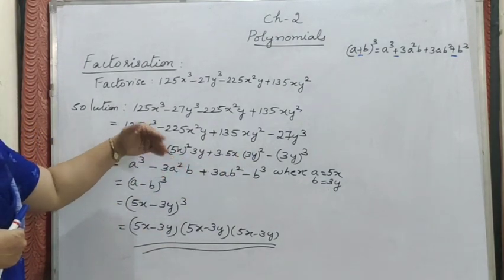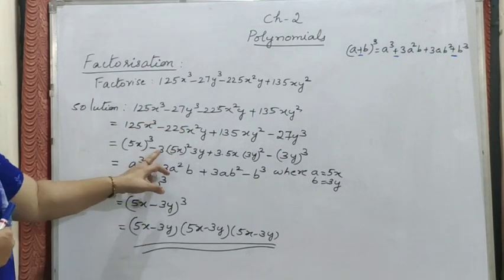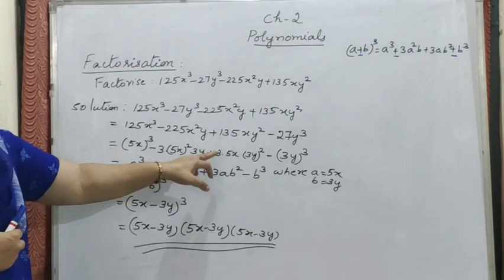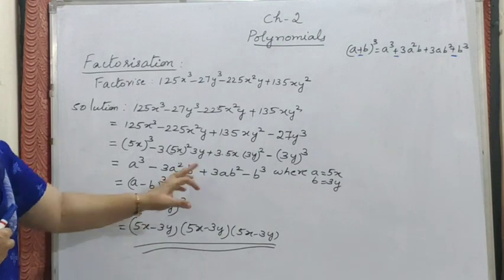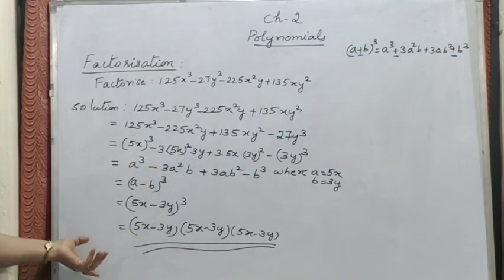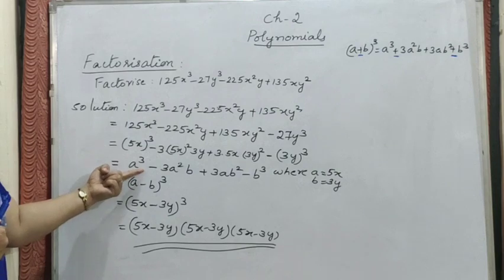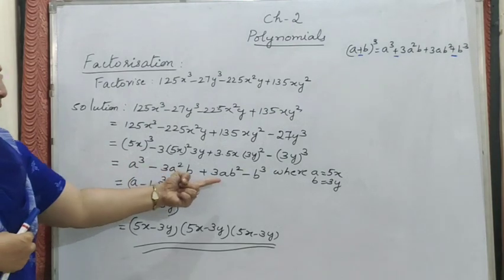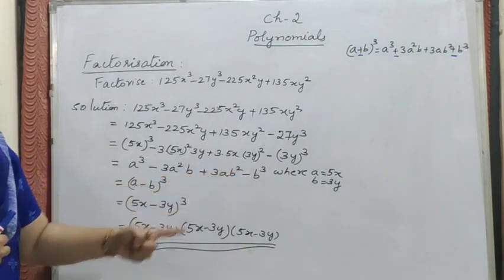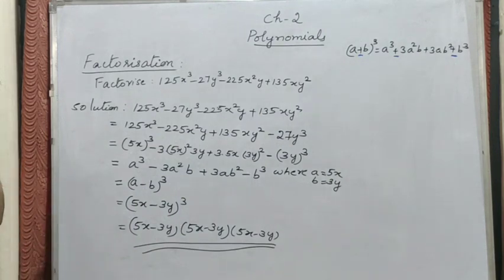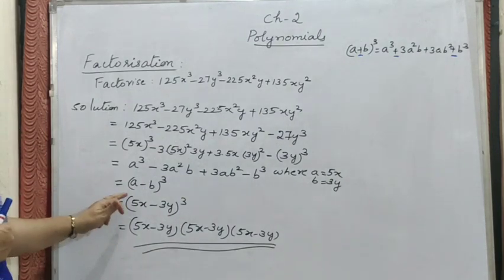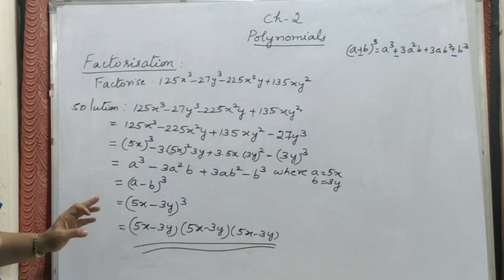Now what is the next step? Cross check whether we are getting back. So 25 into 9. Similarly, 3 into 5 into 3 is 9, so we are getting 135. Now if these are the terms, then instead of that what can we write? a cube minus 3a square b plus 3ab square minus b cube, where a equal to 5x and b equal to 3y. That means it is equal to a minus b whole cube.